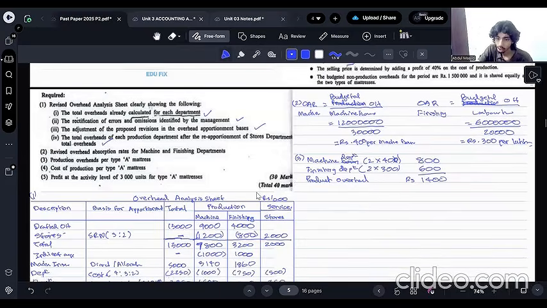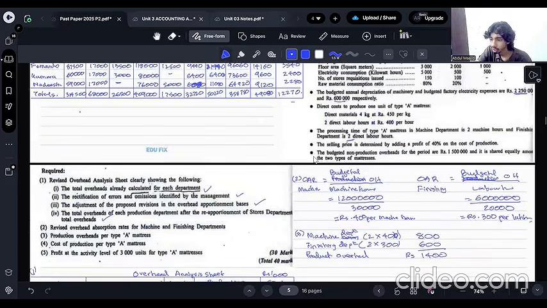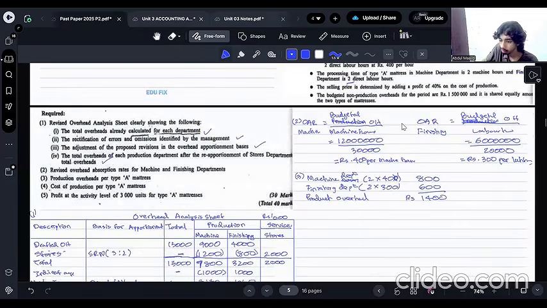Next one is the cost of production per type A mattress. Direct cost to produce 1 unit of type A mattress: 4 kilograms into 450, 2 direct labor hours into 400.